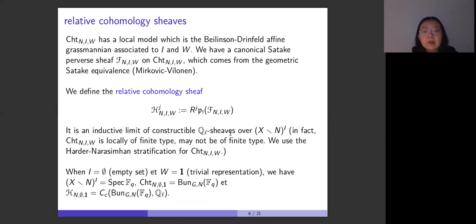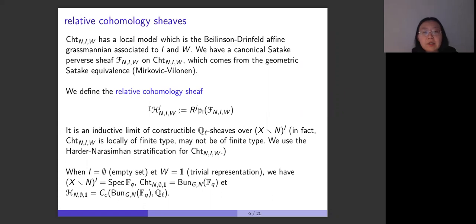In fact, the stack of shtukas is locally of finite type, but it may not be of finite type. Here we use the Harder-Narasimhan stratification on the stack of shtukas. We write it as a union of open substacks bounded by the Harder-Narasimhan stratification, and each open substack is of finite type. For the cohomology, we take the inductive limit of the direct image on each open substack. Like this, we obtain an inductive limit of constructible Q_l sheaves.